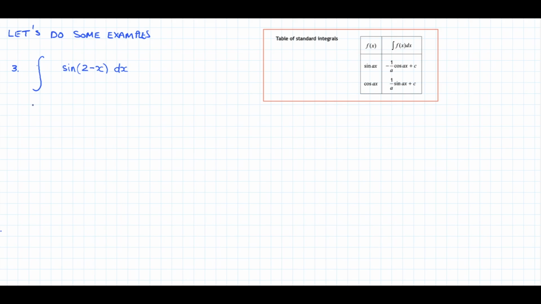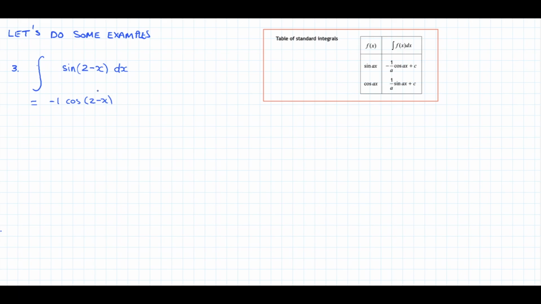If we were asked to integrate sine 2 minus x dx, now it doesn't look quite the same, does it here? Integrating sine x, but actually we treat it in exactly the same way. So if we are asked to integrate something like this, sine 2 minus x, integrating sine, it's negative cos ax first of all, so I'm going to write negative 1 cos 2 minus x, and I'm dividing by, it's minus 1 upon a, the coefficient of the x.